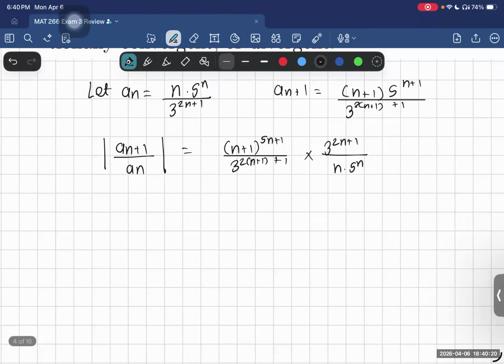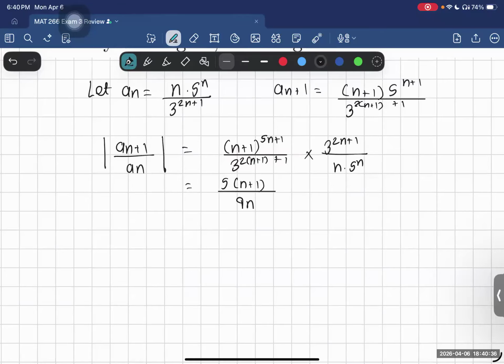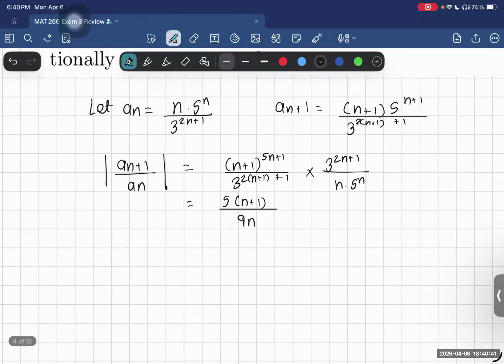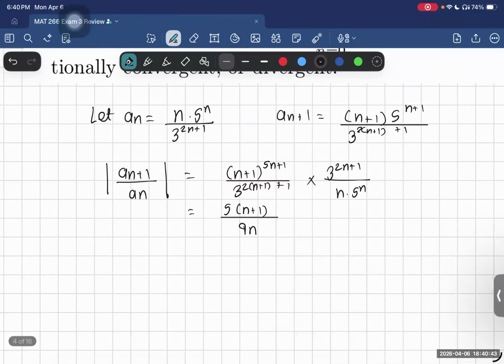Okay, so now if we try to solve this, we'll get an answer of, let's say, 5 times (n plus 1) divided by 9n, all right? Now I can take out n from this, and this will give me an answer of 5 by 9. It's just that I've taken out n and applied the limits.